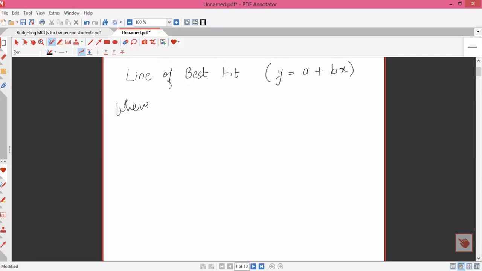Where y, a, b and x. Now y is the dependent variable.